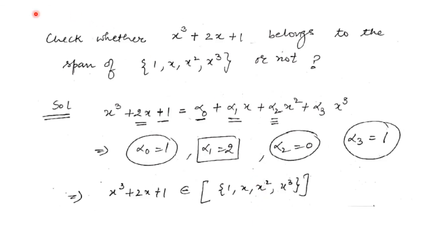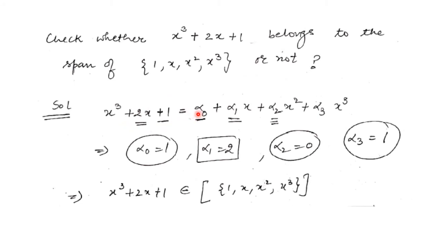One more example: check whether this polynomial belongs to the span of this or not. First of all, write down the linear combination of this: alpha naught into 1 plus alpha 1 into x plus alpha 2 into x square plus alpha 3 into x cube. Can this element be written as the linear combination of this? Now compare the coefficients.